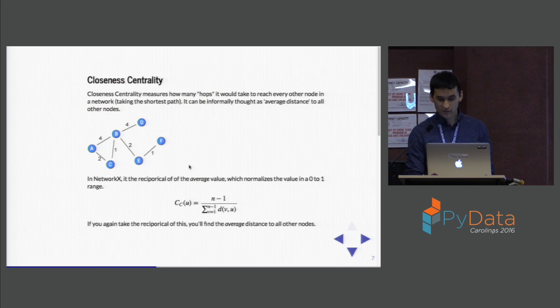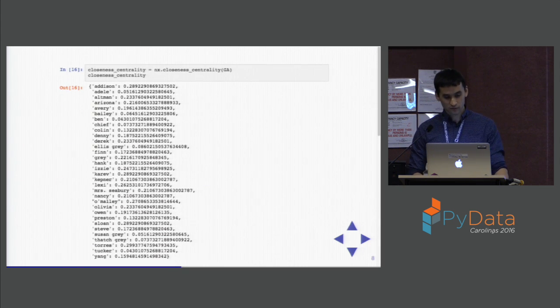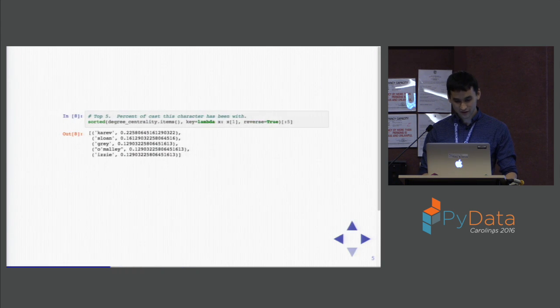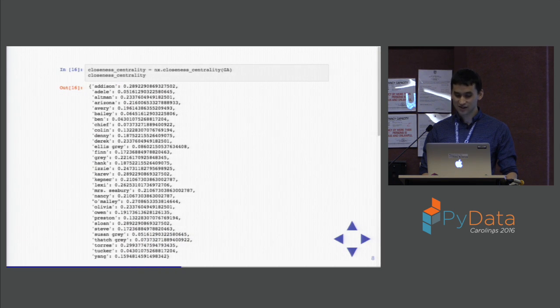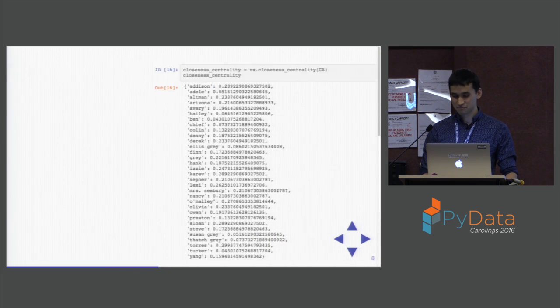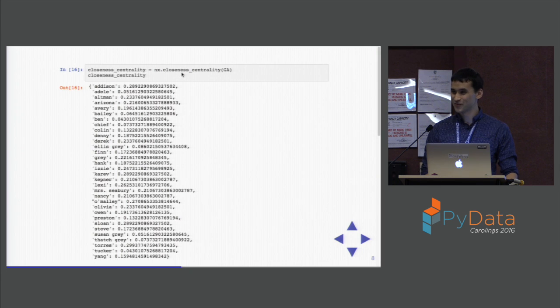So not too bad, but it's a little more computationally complex because you have to make these connections between all the nodes. What I love is that the syntax is exactly the same and super easy to get these centrality measures. As you see, these are the exact same slide, except instead of degree, you put in closeness.